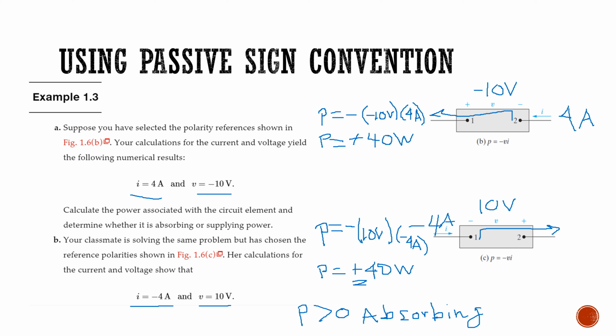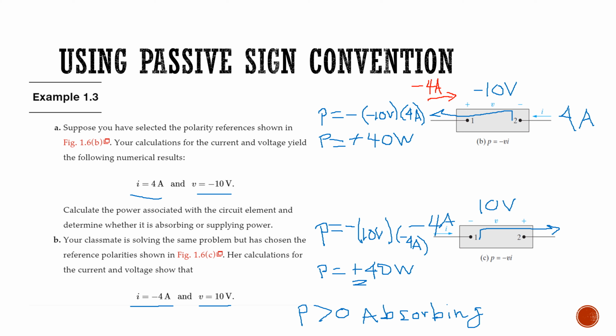So this first one, let's change the direction of the current, and that would make it minus 4 amps, because when we change the direction of the current, we have to change the sign. And now we have the passive sign convention.